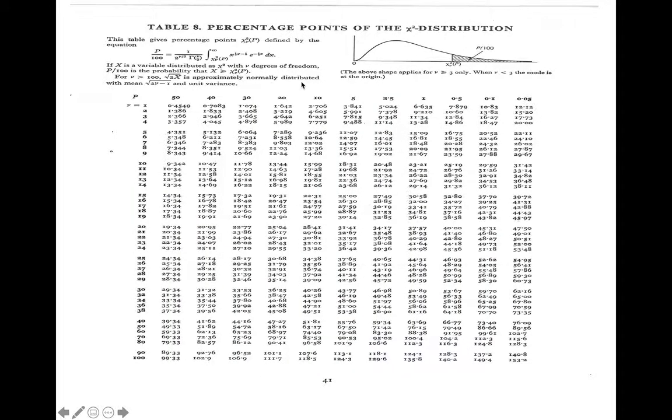We're looking at our chi-square distribution, and we follow a similar procedure to what we do with the t-test, in that on the column over here, we identify our degrees of freedom, which is 1.